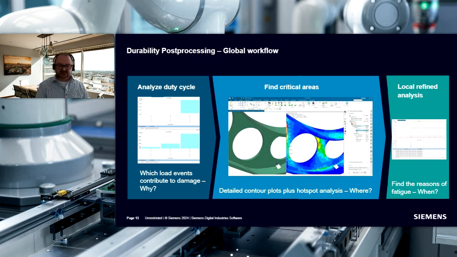For the design analyst, we have the direct feedback, getting the traffic light type plots, red, green, yellow. And here for the expert, you can really do any type of detailed analysis, giving you really then the answers on why there is a fatigue problem and what you have to do either with respect to the load flow or with respect to the design of the structure.